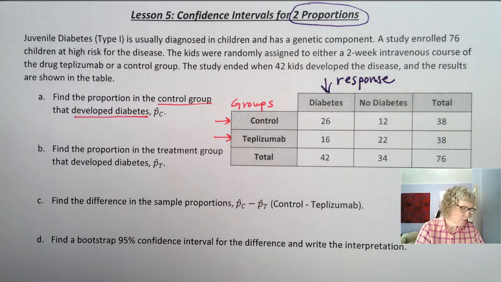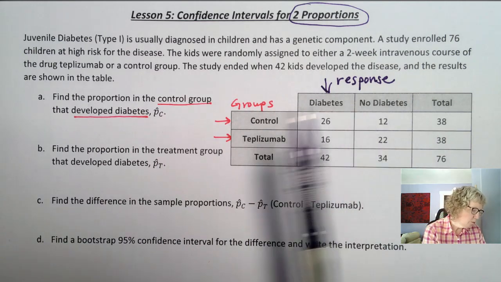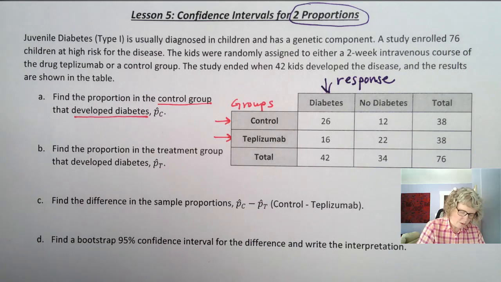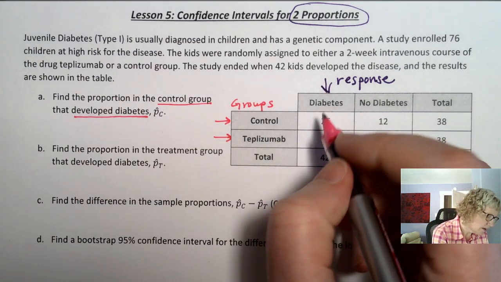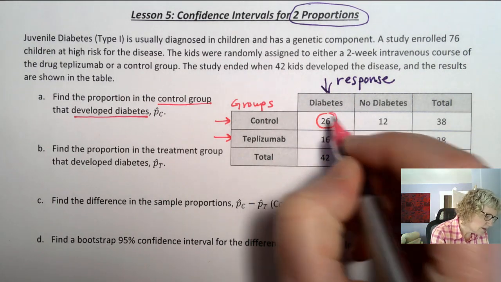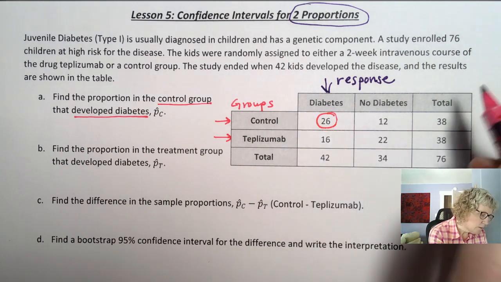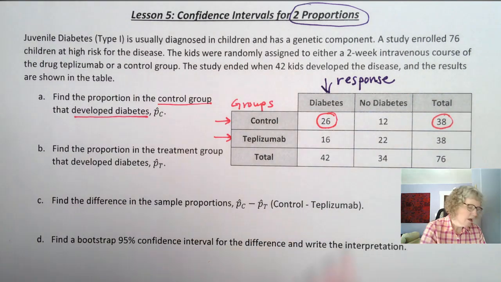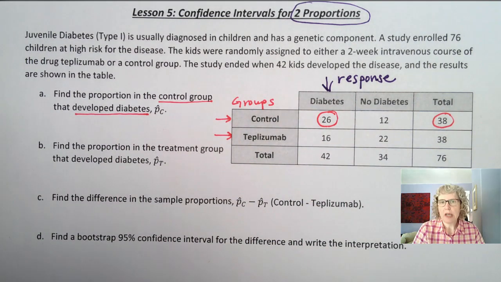We are measuring the proportion that developed diabetes, and then we have two different groups. Part A is saying for the control group, so that's going to be 26, and we go across that whole first row to the total of that group, which is 38. There were 38 kids in that group, so 26 out of 38.